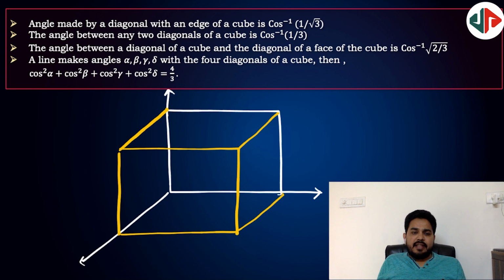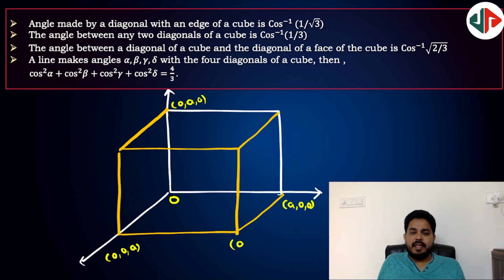So I will take this one as the origin. This is a comma 0 comma 0. This is 0 comma a comma 0. This is 0 comma 0 comma a.